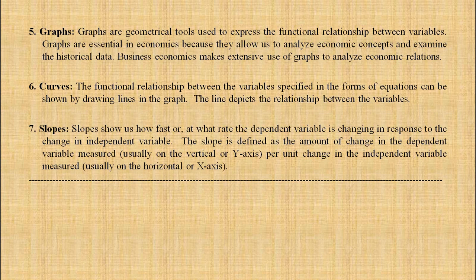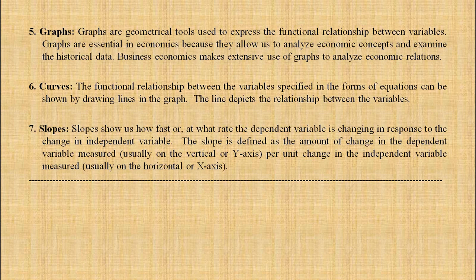The slope is defined as the amount of change in the dependent variable, measured usually on the vertical axis, that is the y-axis, per unit change in the independent variable, measured usually on the horizontal axis, that is the x-axis. Therefore, the slope is equal to delta y divided by delta x, whereby y is the dependent variable, x is the independent variable, and delta stands for the change.